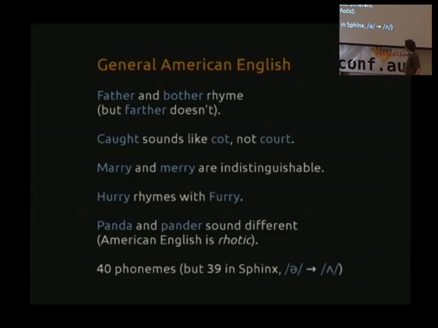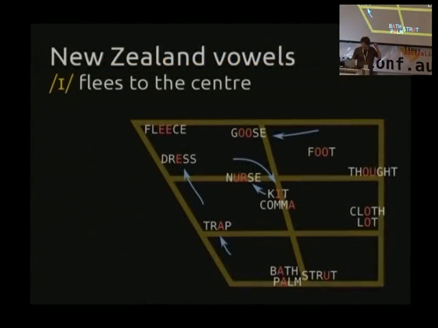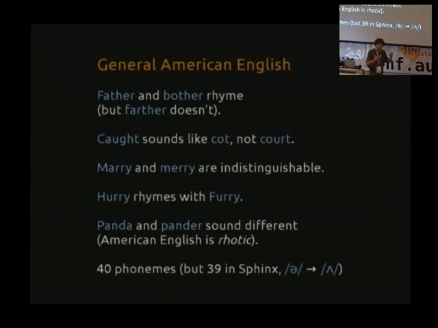Altogether they have 40 phonemes, but Sphinx manages to get by with 39 because they decided that the schwa, the comma vowel, was the same as the unstressed strut, because it's the same as this unstressed everything, pretty much. So they could do without it.